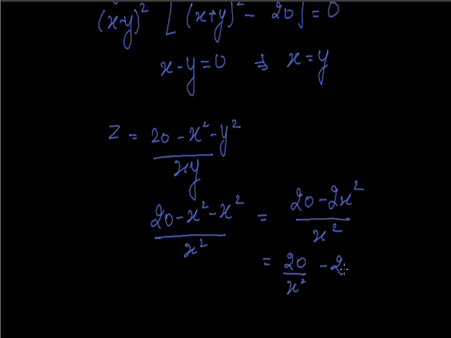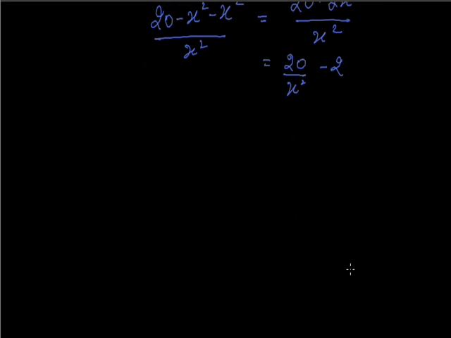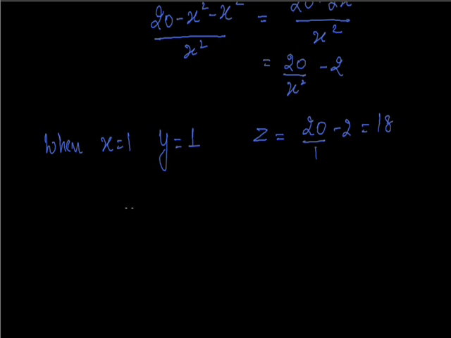Since x and y are equal, let's start with x equal to 1, y is also 1. So z will become 20 upon 1 minus 2, which is equal to 18. When we take x equal to minus 1 and y equal to minus 1, z will become 18 only.